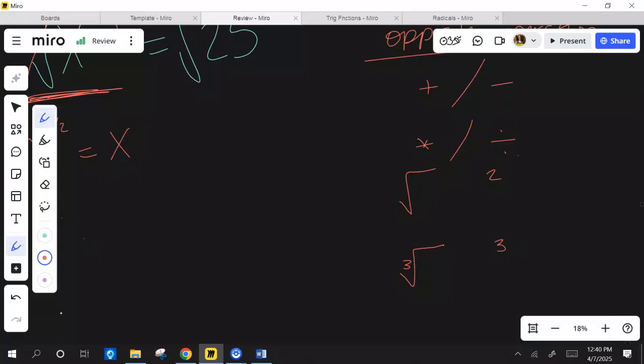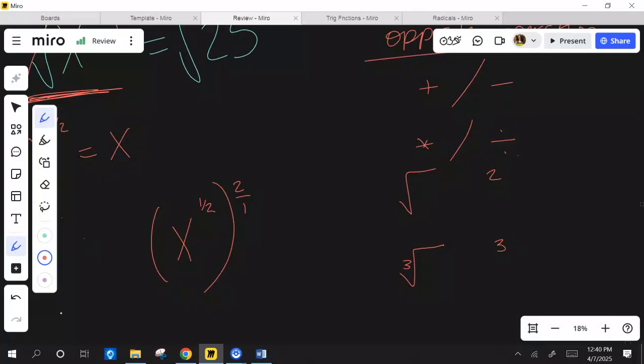Are y'all following me? At the end of the day, if I had x to the 1/2 and I raise it to the second, what do you do when you raise a power to a power? You multiply. What happens if I multiply reciprocals? They cancel out.